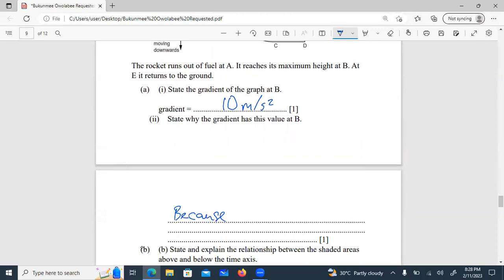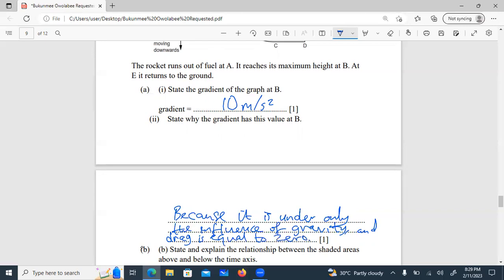Because it is under only the influence of gravity, and drag is equal to 0. That means there's no air resistance.